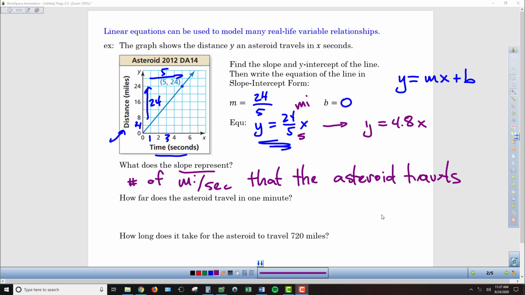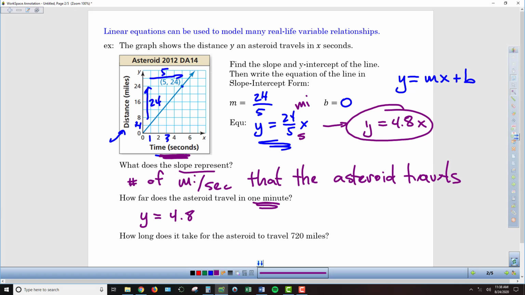So then we're asked to figure out how far this asteroid travels in 1 minute. So again, in our equation here, remember that x is keeping track of time and the y is keeping track of the distance. So if I want to know how far the asteroid is going to travel in 1 minute, I'm going to replace the x variable with 1 minute, but please note that we're keeping track of time in seconds, so I'm not going to plug in 1 in place of x.